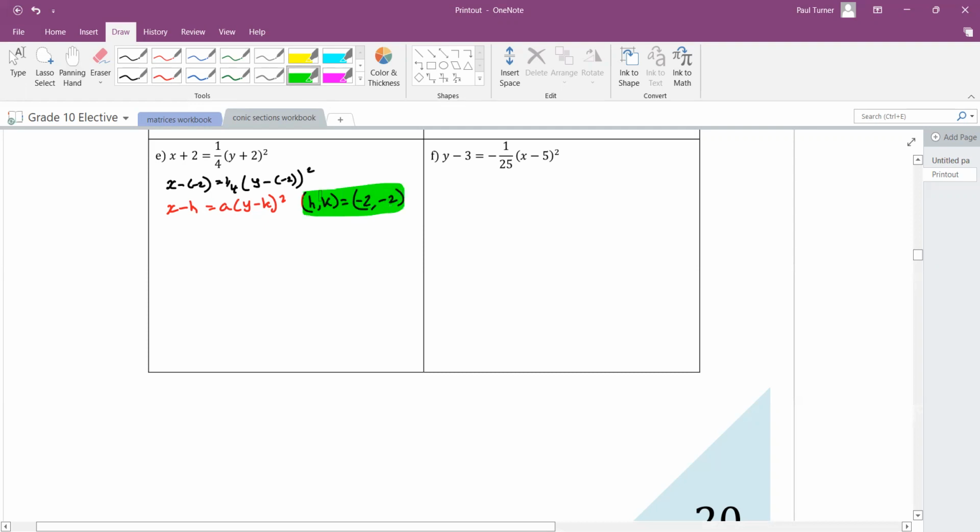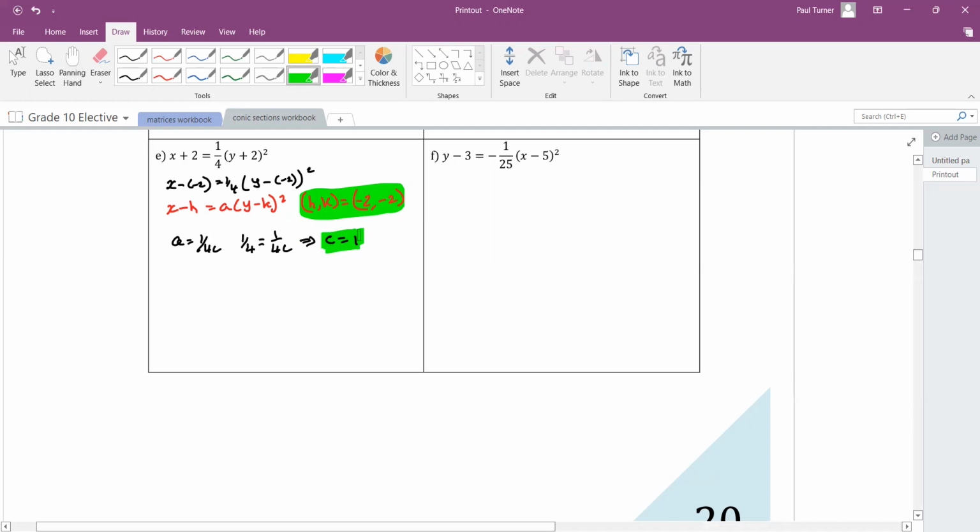And let's calculate C. So A is 1 on 4C. In this case, A is a quarter, equals 1 on 4C. So this implies that C will be equal to 1. And it's already positive, so we can leave it like that.